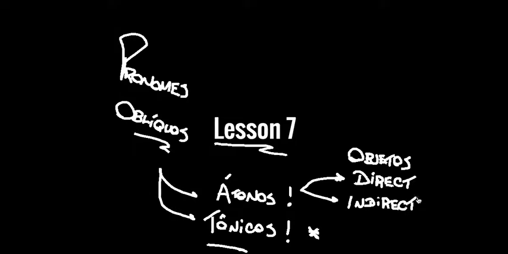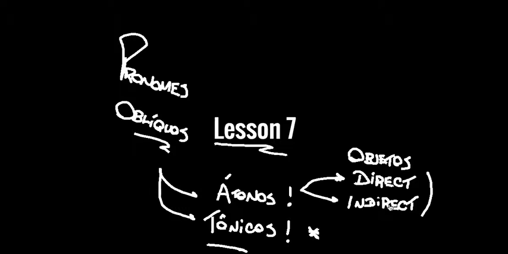The indirect objects are those that complete the meaning of an indirect verb, and the indirect verb is that verb that needs an obligatory preposition. We can have direct verbs, indirect verbs, and direct and indirect verbs that need the specific verbal complements, the objects.